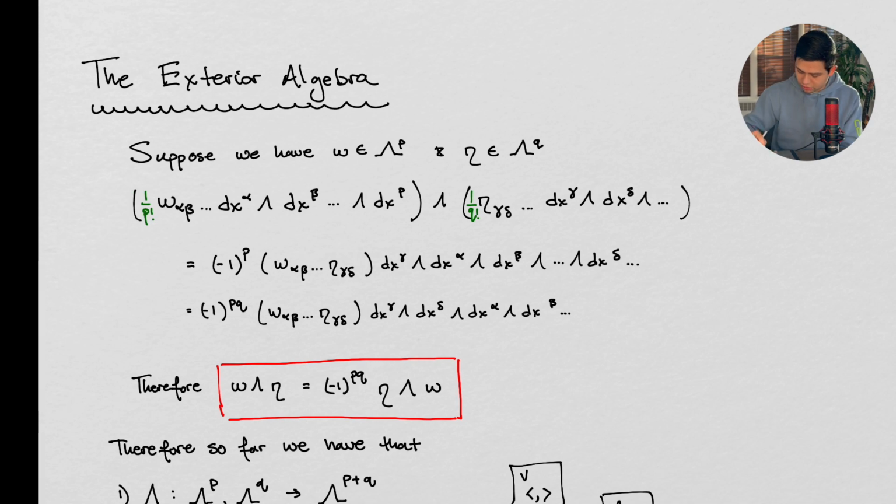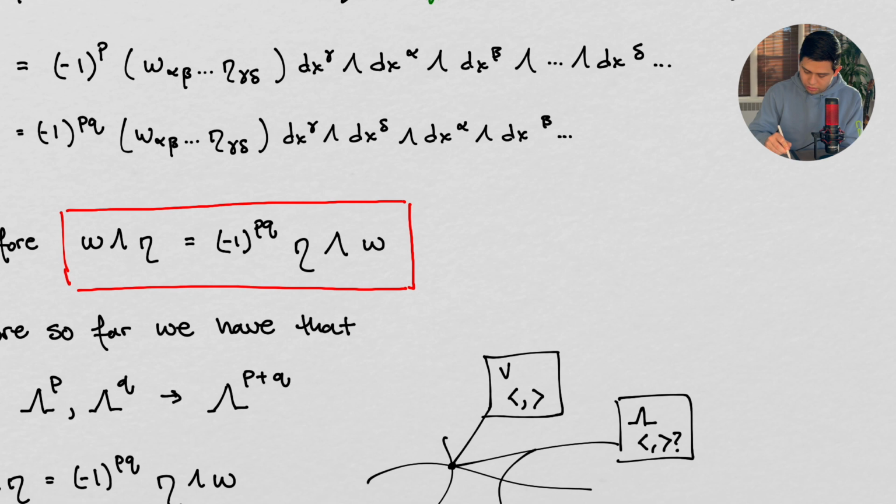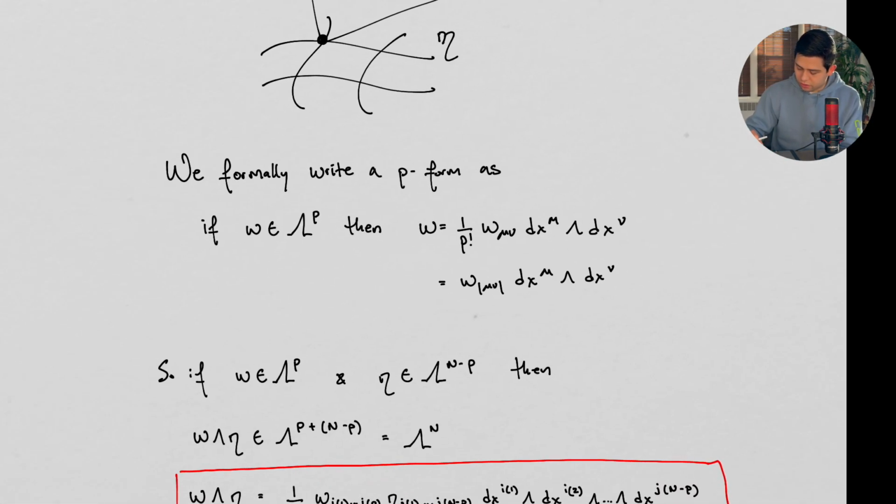And then those are both going to get carried down, 1 over p factorial, q factorial. So that's something we also know.